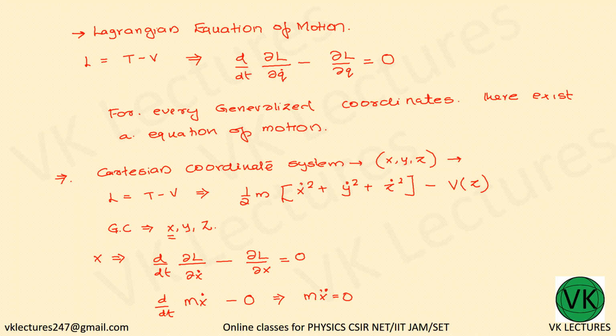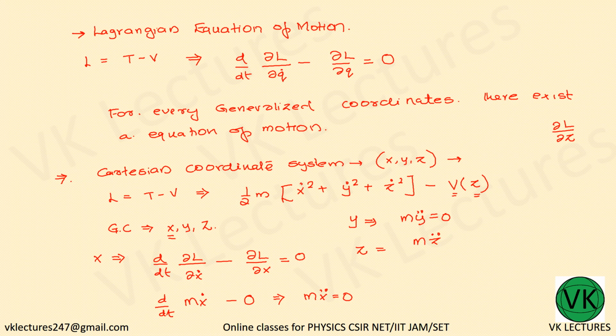Now similarly with respect to y, we have m y double dot equal to 0, and with respect to z it is m z double dot, and here you will get one more term corresponding to dou L by dou z, because our V is a function of z.